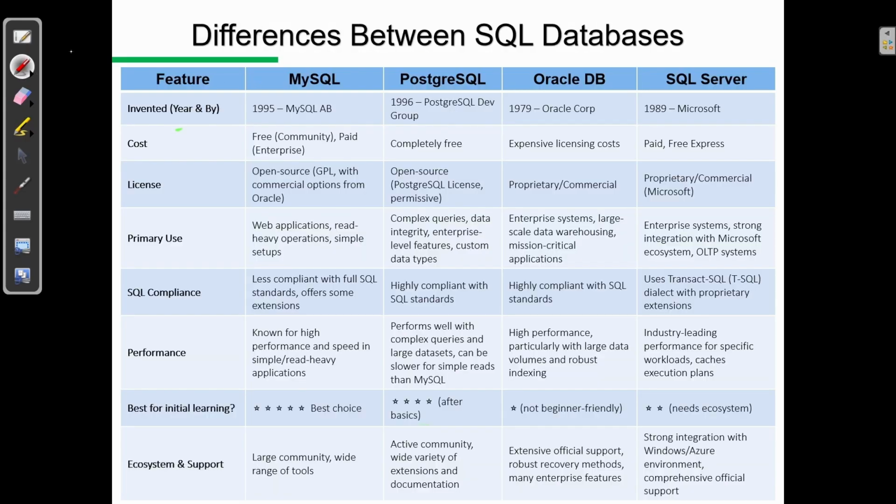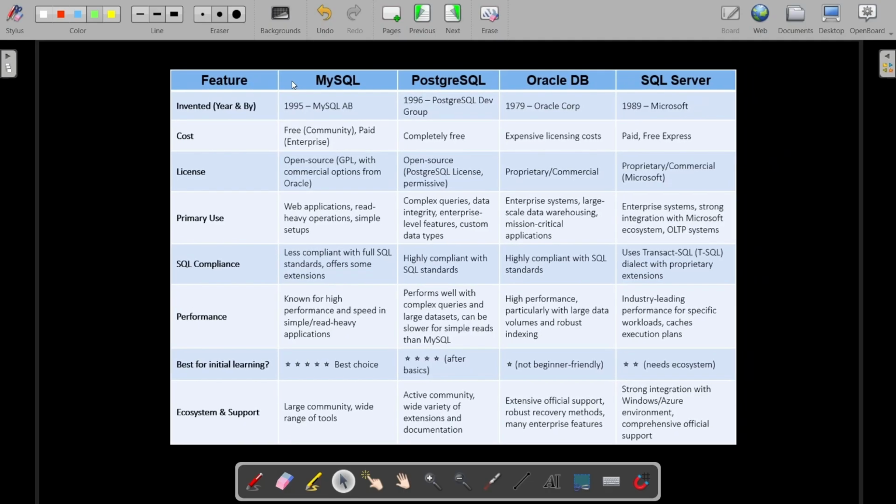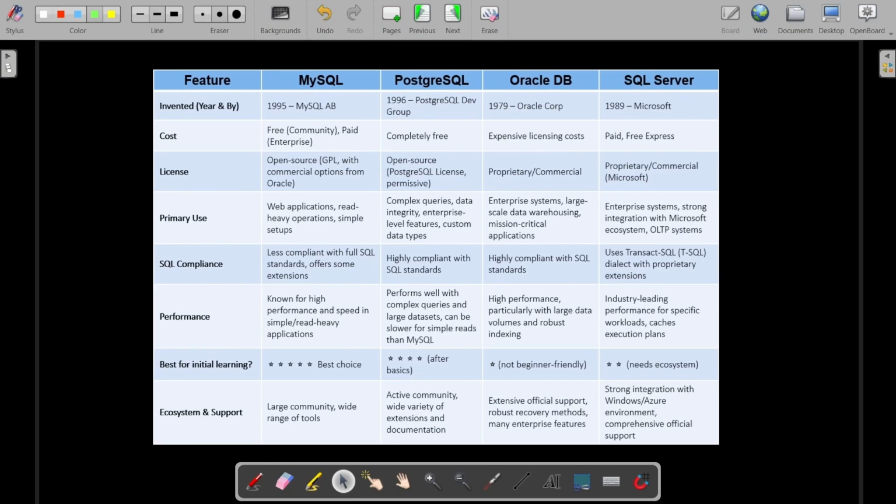So let's bring this table to our notes and try to understand. Okay, so let me fix this first. Okay, so I hope this is good. Okay, so this is MySQL, PostgreSQL, Oracle DB, and SQL Server.